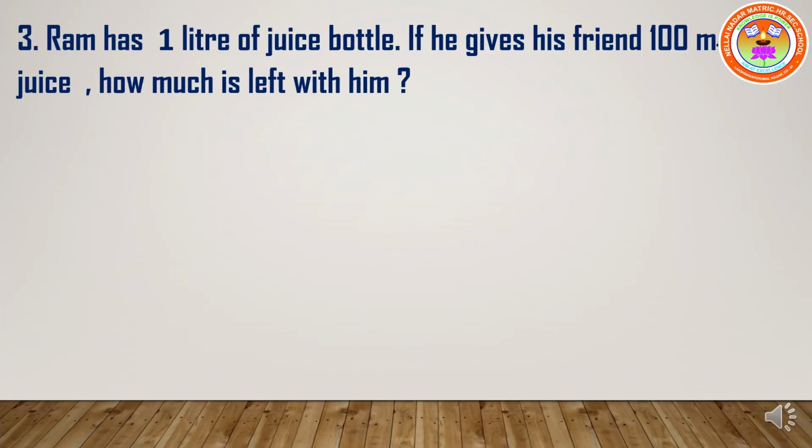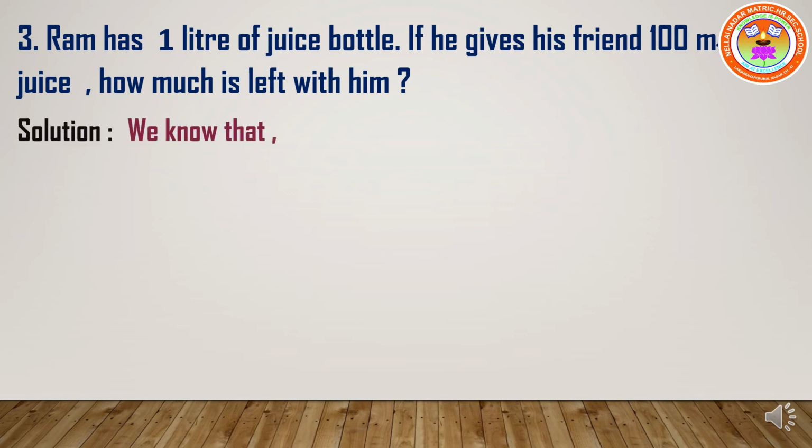Question number 3. Ram has 1 liter of juice bottle. If he gives his friend 100 milliliter of juice, how much is left with him? So here the question is saying that Ram is having 1 liter of juice bottle. Now, if he gives 100 milliliters of juice to his friend, we have to find how much is left with him.